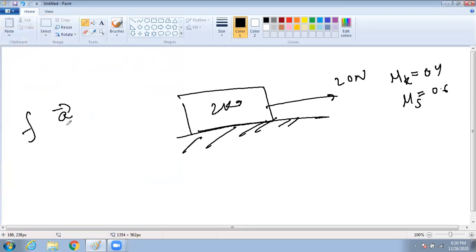Will the body move? First find out F limiting. F limiting is how much? 12 Newton, correct? So this side 12 Newton, this side 20 Newton. So that means the body will move, correct?